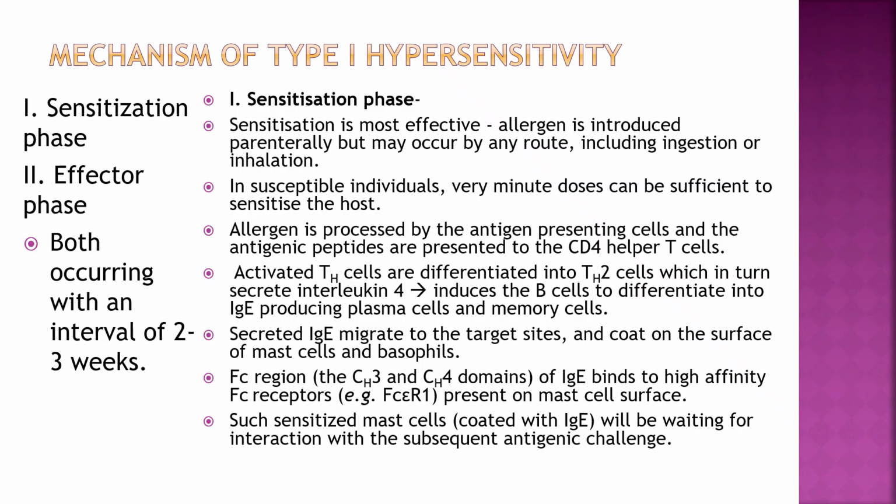Secreted IgE migrates to target sites and coats the surface of mast cells and basophils. The CH3 and CH4 domains of the Fc region of IgE bind to high affinity Fc receptors on the mast cell surface. Such sensitized mast cells, coated with IgE, wait for interaction with the subsequent antigenic challenge.